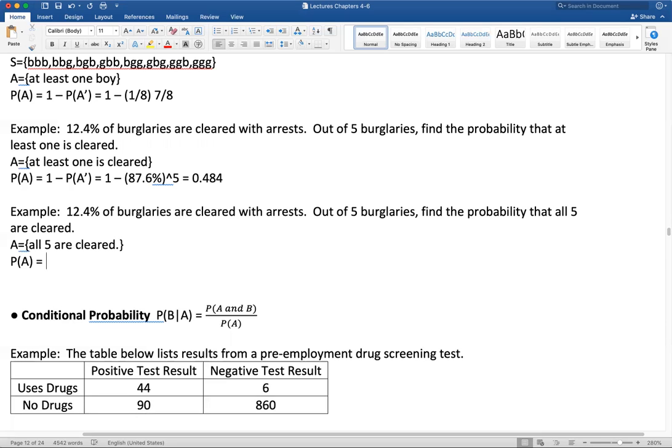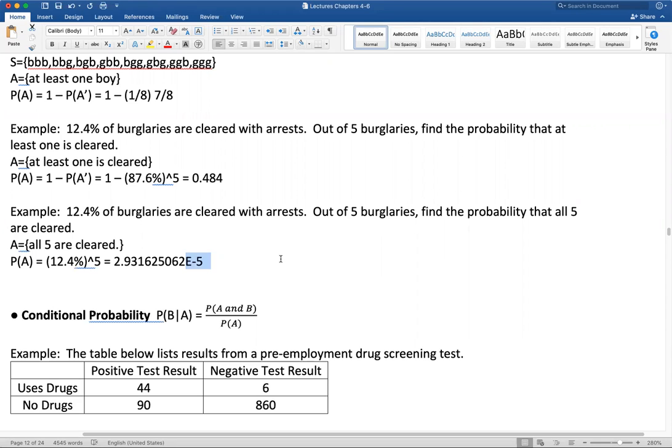Just 12.4% to the fifth power. The key when you compute this is to convert the percent to a decimal number. 12.4% means 0.124, so this is equal to 0.124 to the fifth power. When you calculate using your calculator, you may get a number with the letter e minus 5.